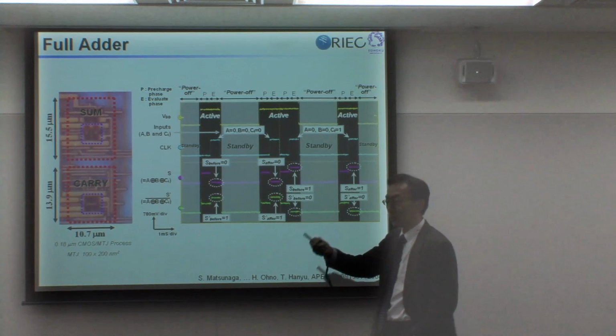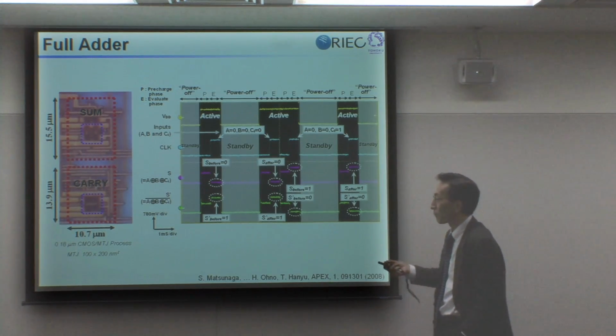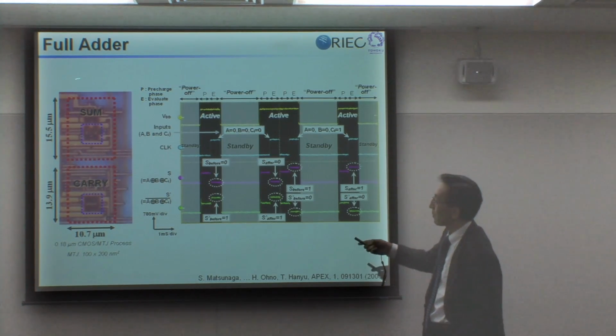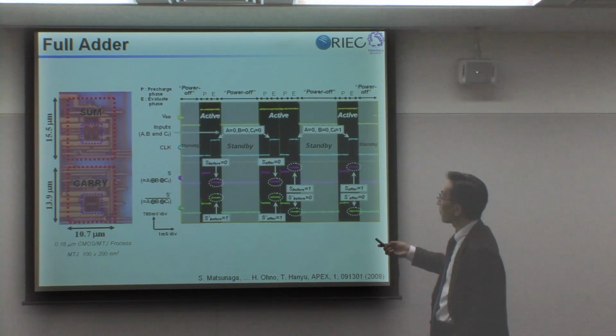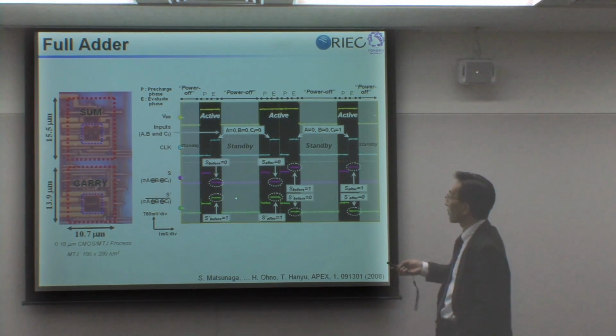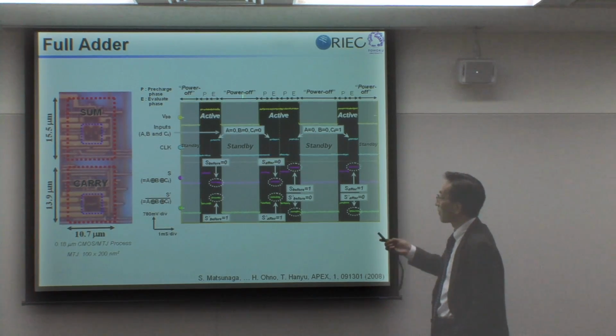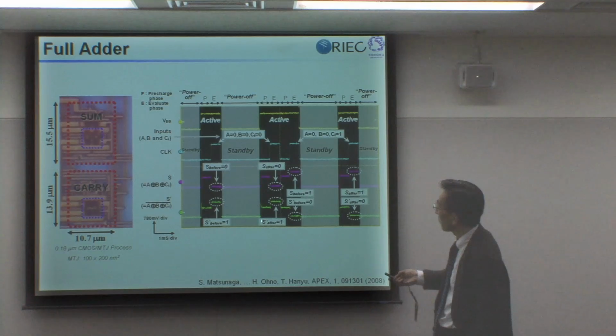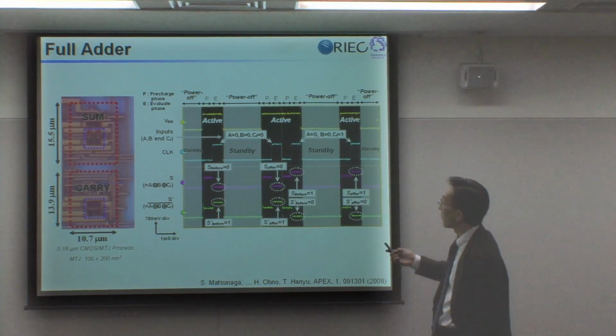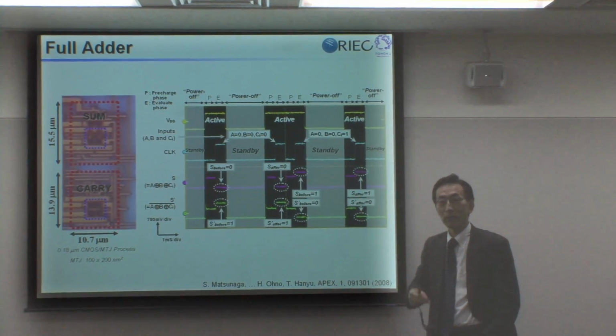You add one bit to another with carry. And this is our implementation. The details are not very important, but here we have shown that in this case, we turn off power. And we can immediately resume the operation after turning on the power.